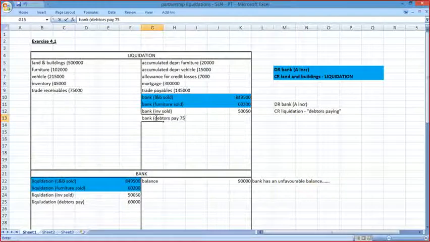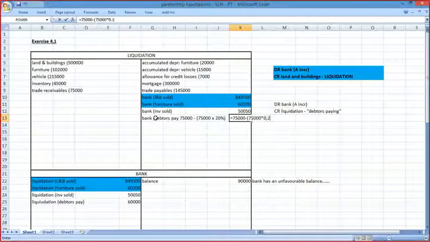You could have done it this way: 75,000 minus, bracket, 75,000 times 20%, close brackets. Just to double check, that gives me 60. That's fine.